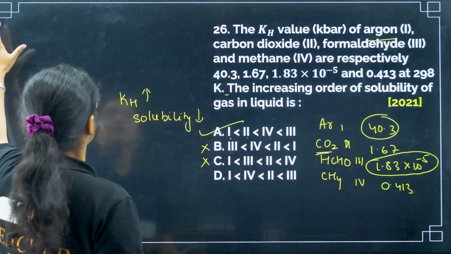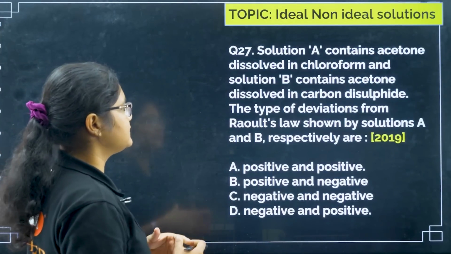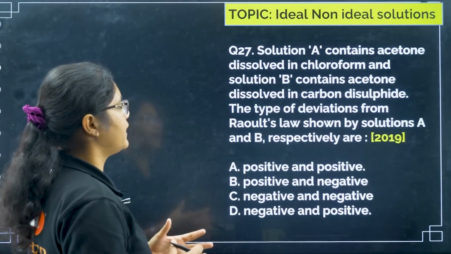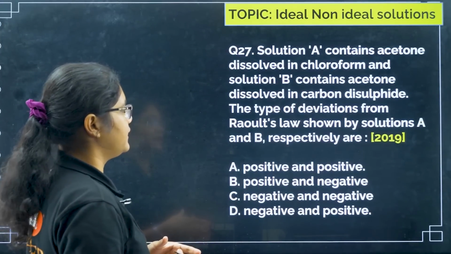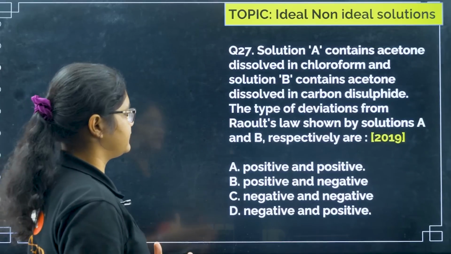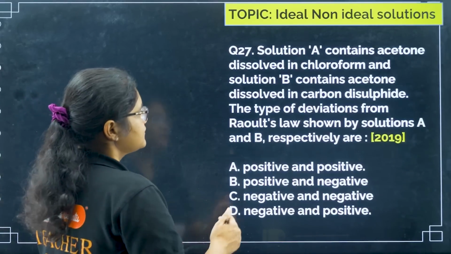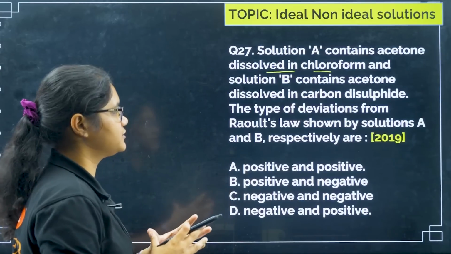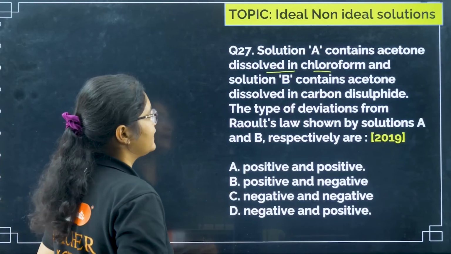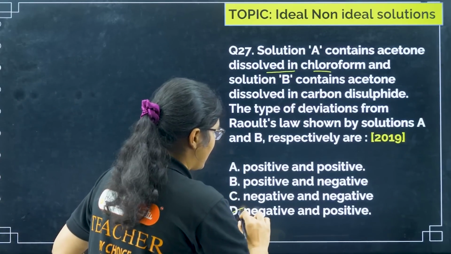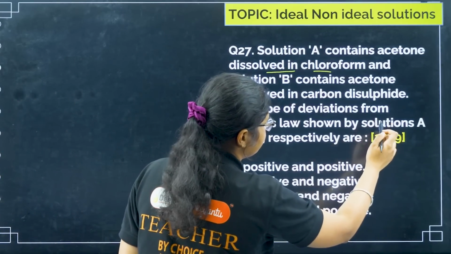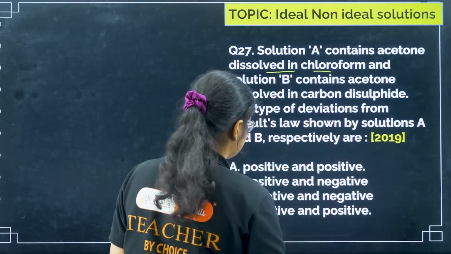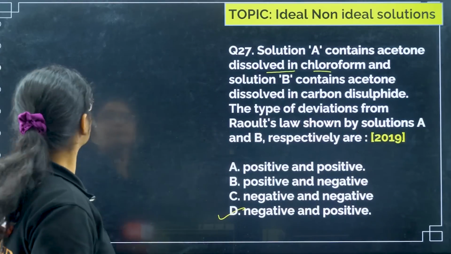Next, solution A contains acetone dissolved in chloroform, while solution B contains acetone dissolved in carbon disulfide. What is the type of deviation? Acetone dissolved in chloroform will have more interactions and show a negative deviation. Here we have positive deviation because there is no interaction, so negative and positive.